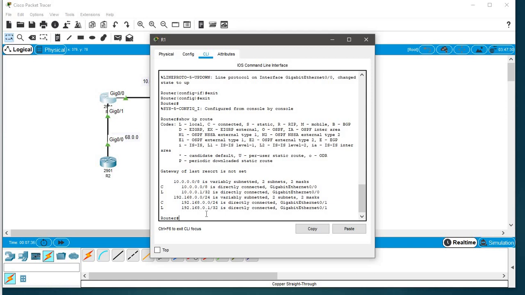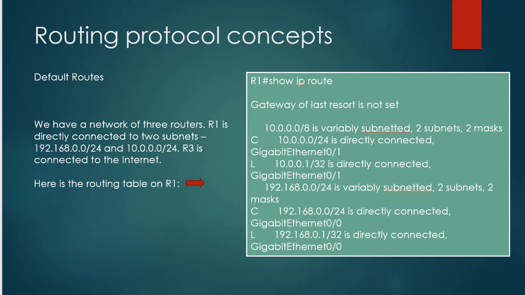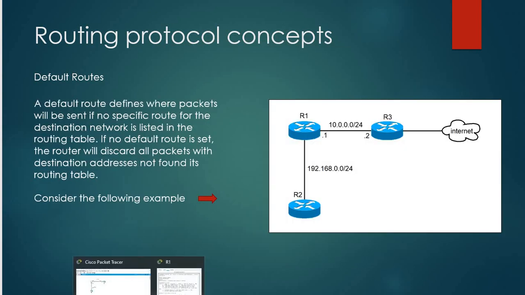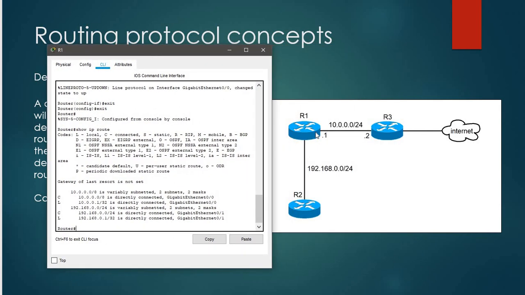In this we have the routes of the different networks connected using these different interfaces. Let me show the previous network here. We have R1, R2 and R3, but right now we are opening the routing table of router 1.